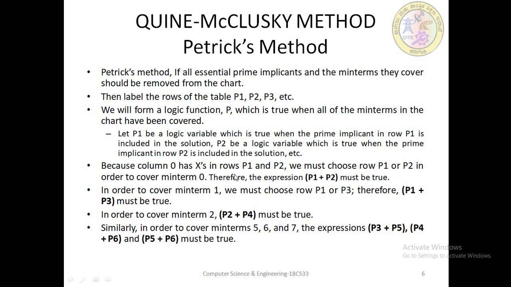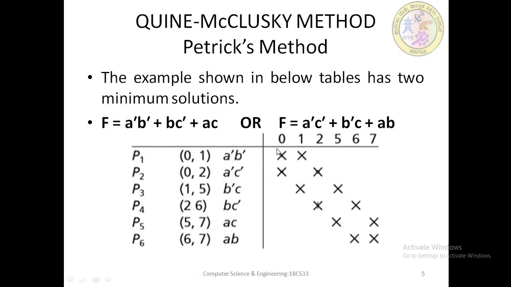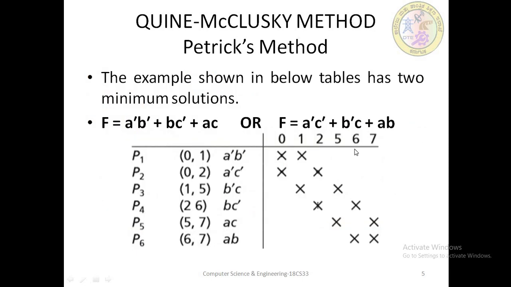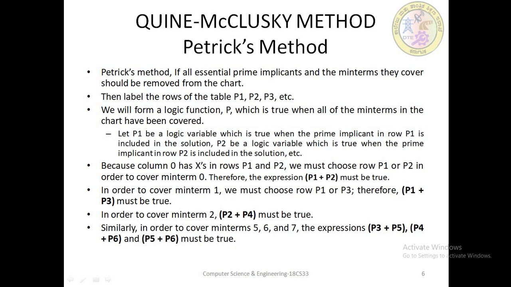Therefore the expression P1 plus P2 must be true. The same continues for other columns. As I explained, to cover 7 it should be P5 plus P6. Okay, and this is done.